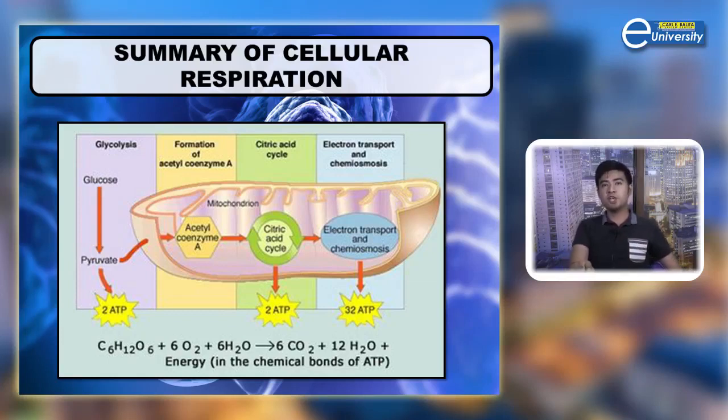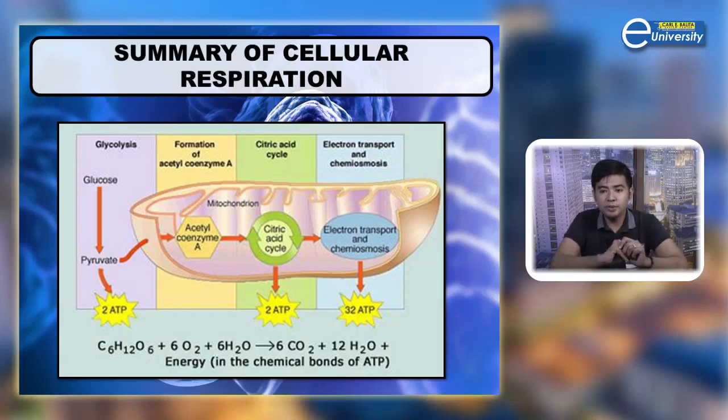Again, the general formula for cellular respiration is the glucose molecule added to the oxygen molecule, which yields carbon dioxide as the byproduct, and of course, water and the ATP, the energy, which is the end product of cellular respiration. This energy will further be used in the other cellular processes of the body of the different organisms, plants or animals.